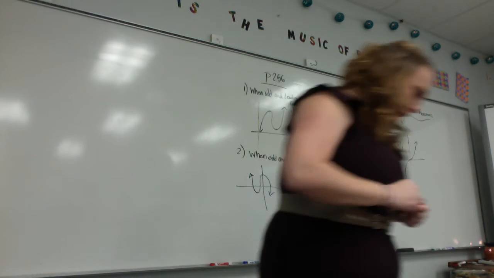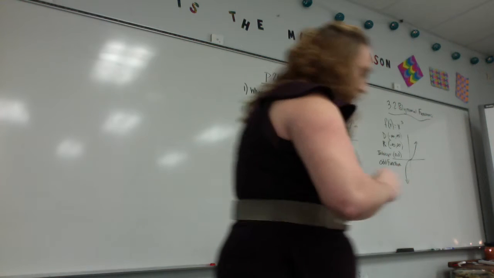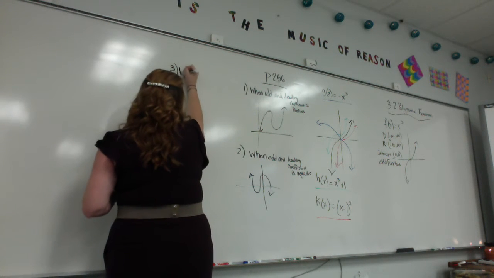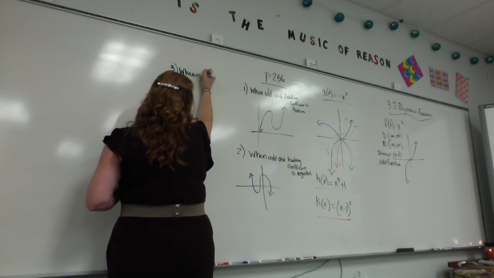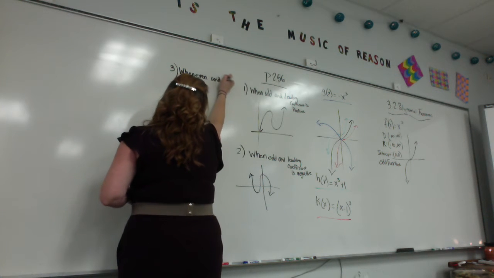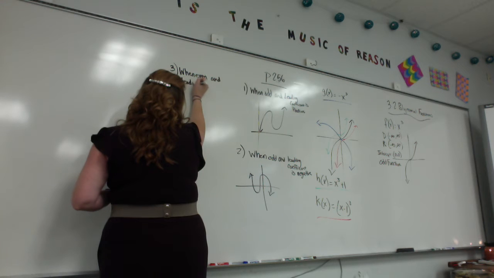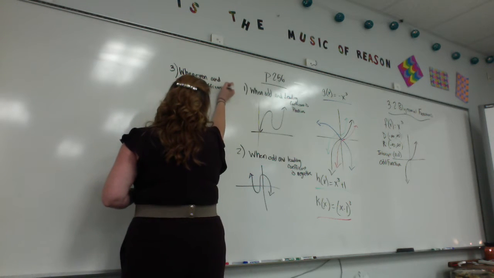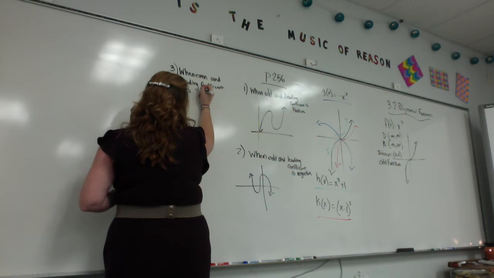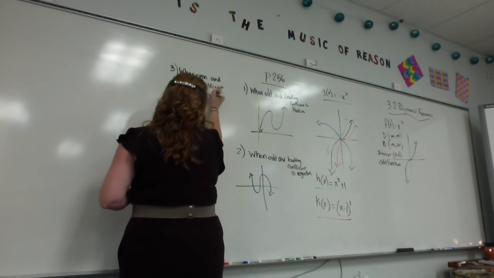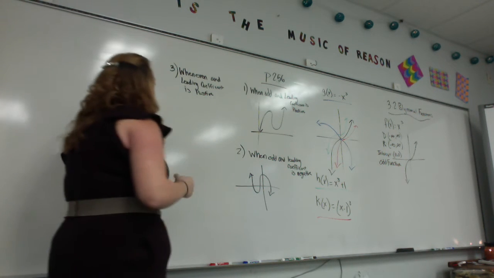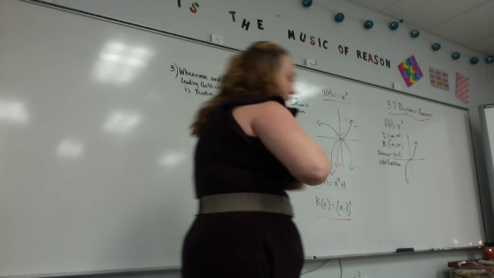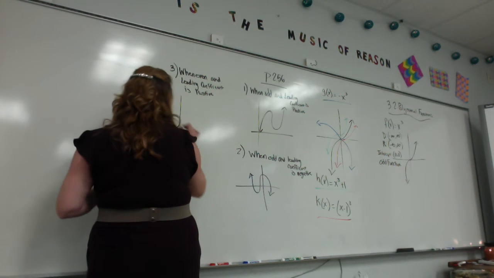When you have an even power and the leading coefficient is positive, it's going to be shaped like a W.